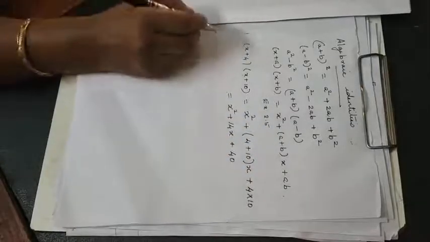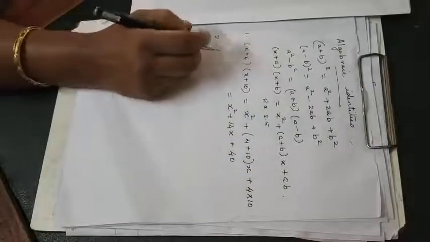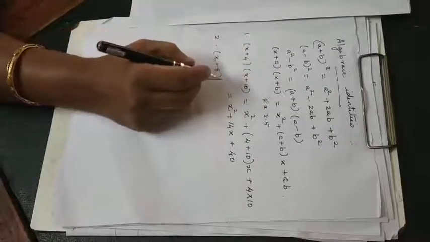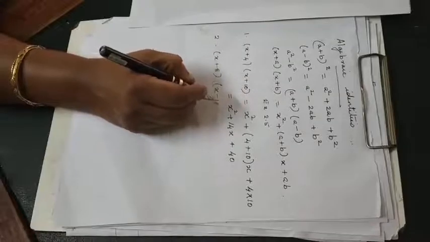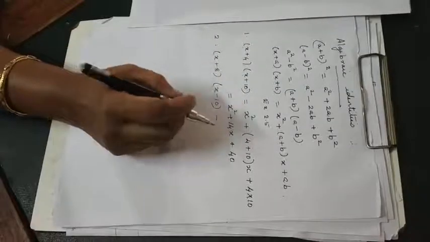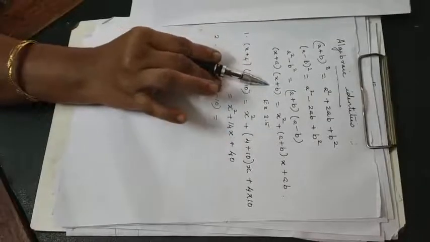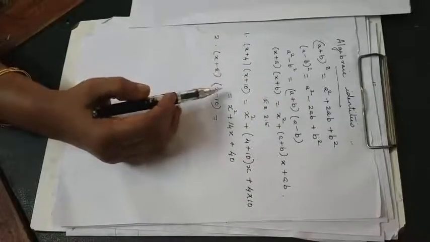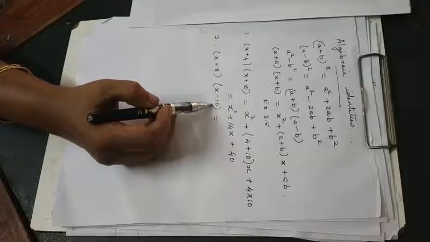Okay, now second one, you see, (x plus 8) into (x minus 10). Now here also it is in the form (x plus a) into (x plus b), where a is equal to 8 and b is equal to negative 10.